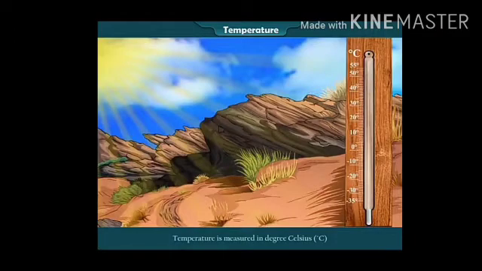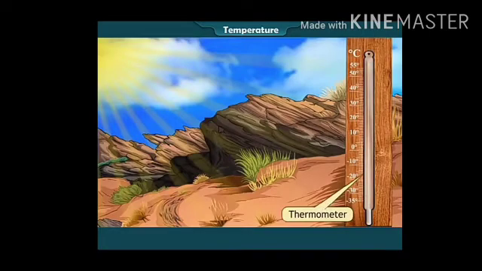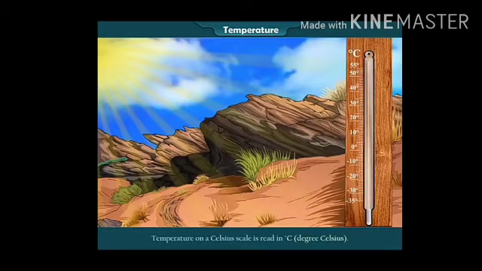Temperature is measured in degrees Celsius. Celsius is also called centigrade. Temperature is measured by an instrument called the thermometer. Temperature on a Celsius scale is read in degrees Celsius.